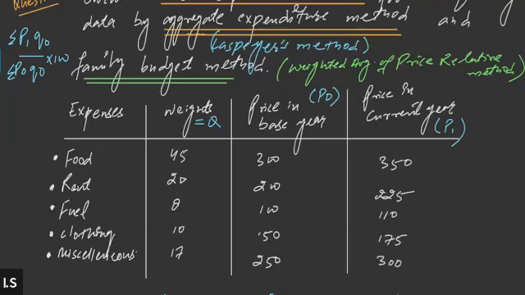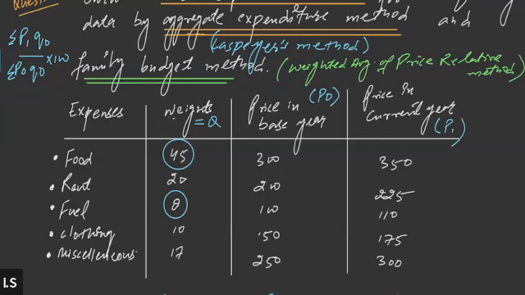Now, what is the difference between quantity and weight? Quantity indicates the number of units that we have produced or consumed in a particular year, whereas weight indicates the significance or importance of a particular item in our consumption. If I have given food the maximum weightage, that means food is the most important element in my consumption, and if I have given fuel the least weightage, that means fuel is least important for me.